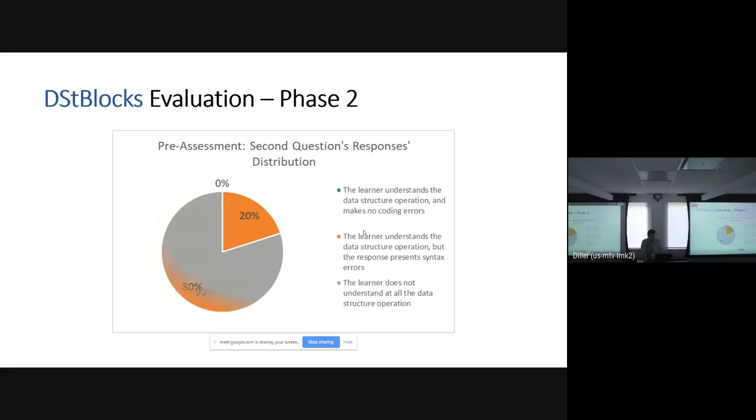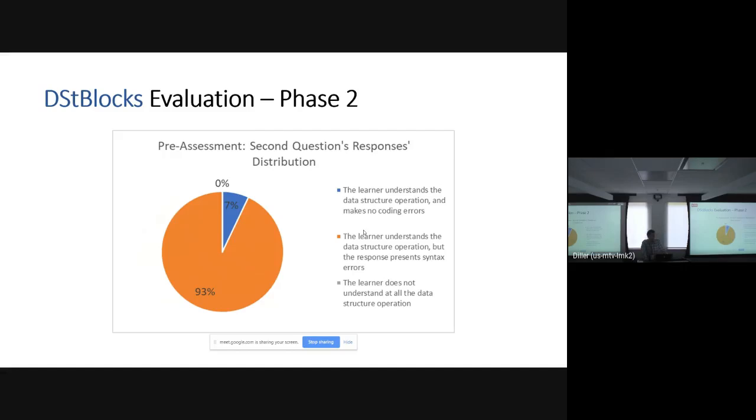When it came to the post-assessment, after interacting with the tool and fulfilling the assignment using DStBlocks, we stopped having learners that didn't understand at all the data structure operation. And we did have students that, even after interacting with blocks, tried to address it using coding.